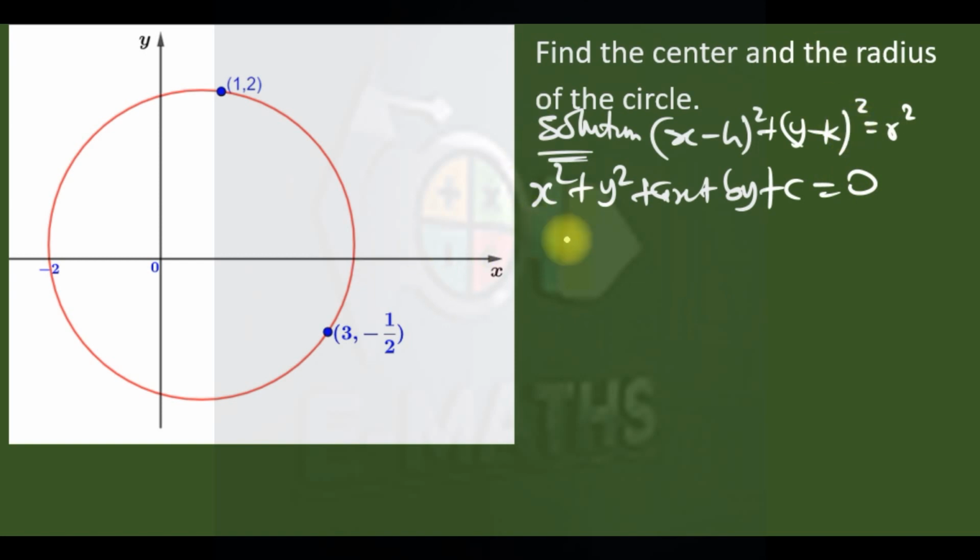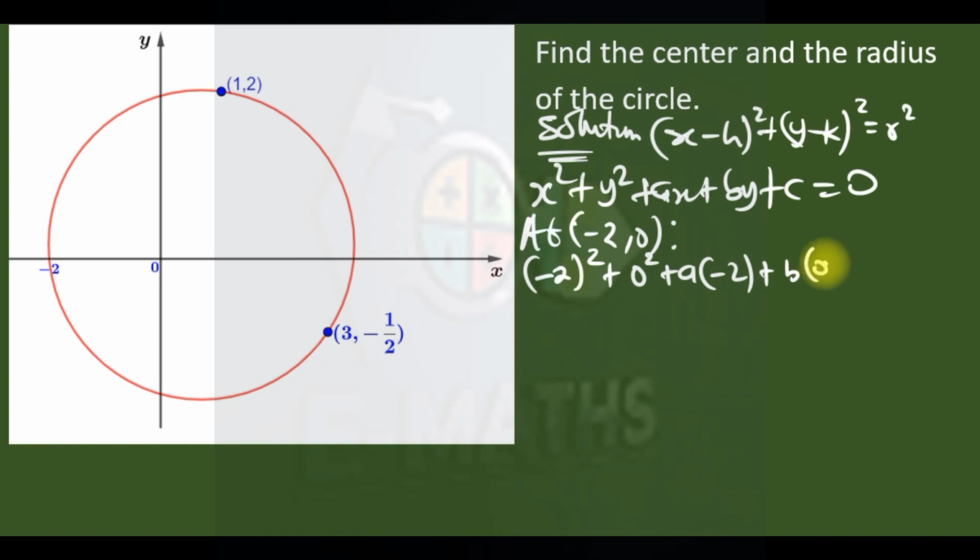So we have 3 points. I will use this because this is very important. At minus 2, 0, we substitute the value. We have minus 2 squared plus 0 squared plus a times minus 2 plus b times 0 plus c equal to 0.